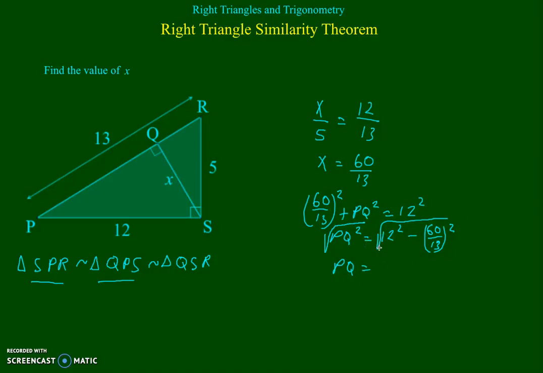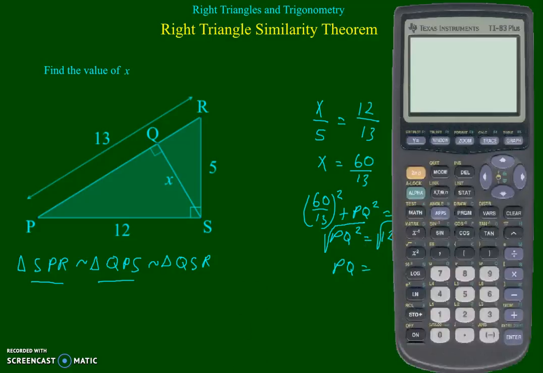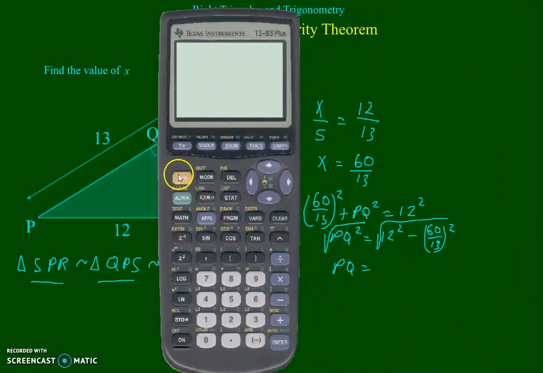So let's go ahead and put that in our calculator. And we have the square root of 144, that's 12 squared, minus 60 divided by 13 squared. Close the parenthesis, and we get that value.